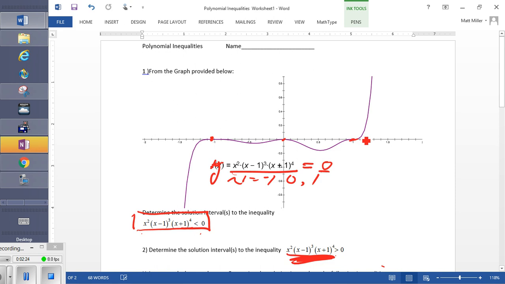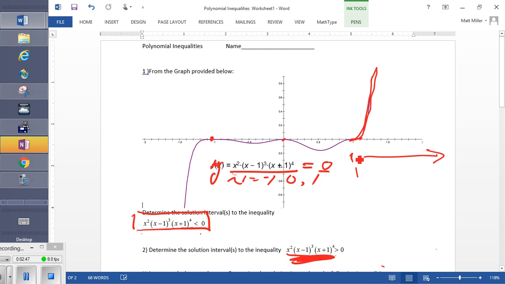Well, here is the graph. Here's the only portion of it that's above the axis. Where is that portion? Well, it begins here at -1, and it's all the x values on out from there. Now, the question did not ask when it's equal to 0, it's asking when is it greater than 0.